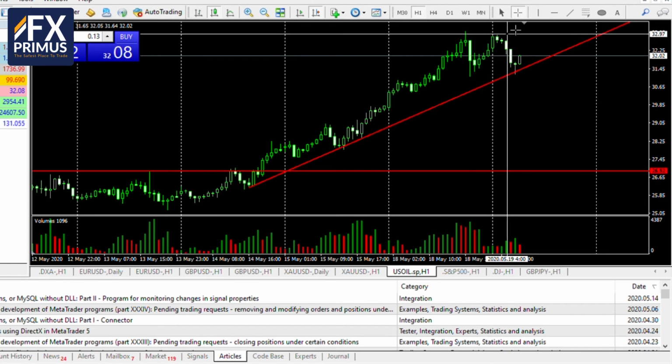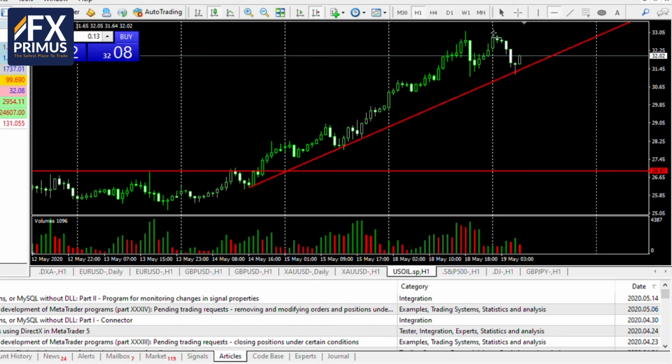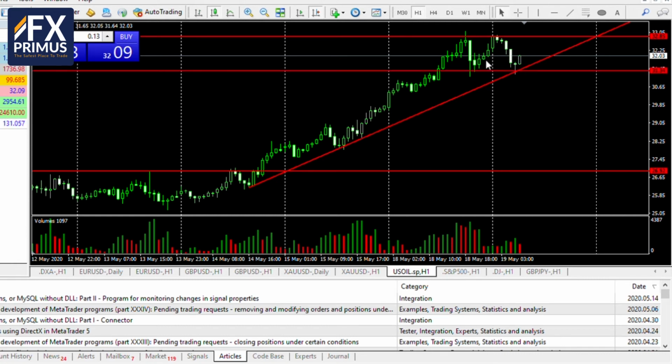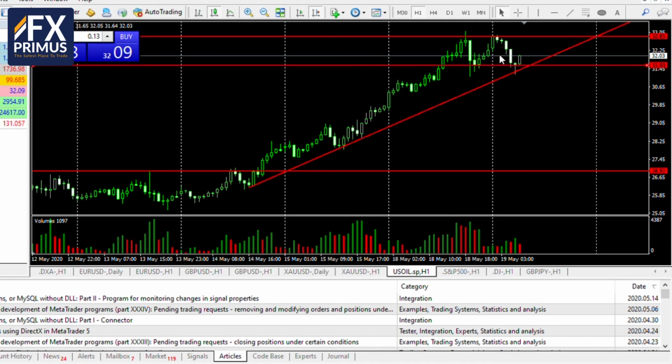As of this morning, it found some resistance here again and pushed down about $1.68 so far. Currently it is trying to find some support and consolidation, possibly at these levels. So we'll see how oil prices go if you are trading oil.